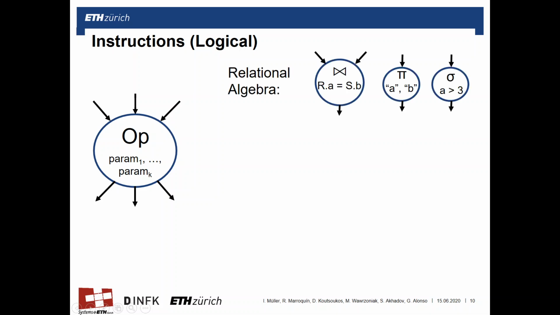Let me explain that with a couple of examples. For example, we can define the typical relational algebra operators, which will all have a single output as follows. The join has two inputs, one output, and a condition as a parameter. The projection has the projected attributes as parameter, and the selection has a predicate as parameter.